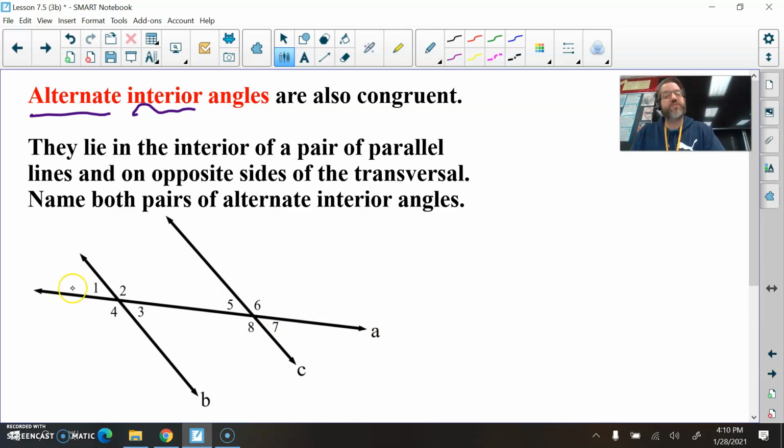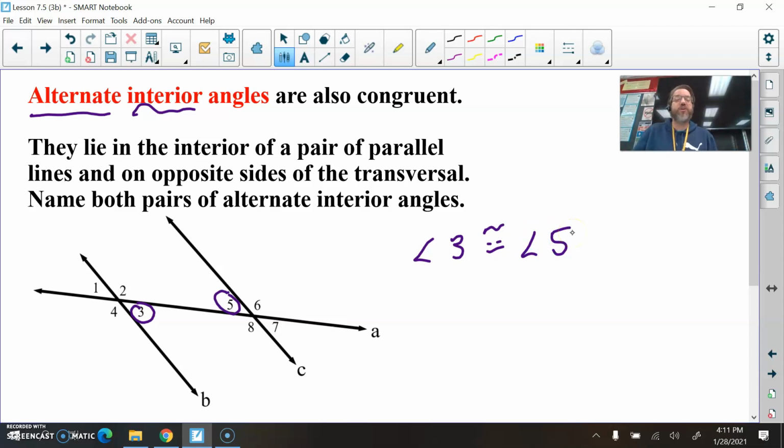Here's your transversal, A. Angle 3 and angle 5 are interior angles, and they're on alternating sides of the transversal. They even look like they're the same measurement, and they are. Angle 3 is congruent to angle 5.